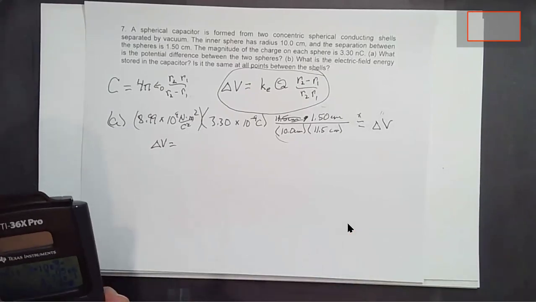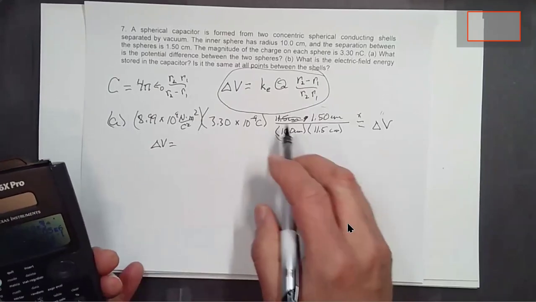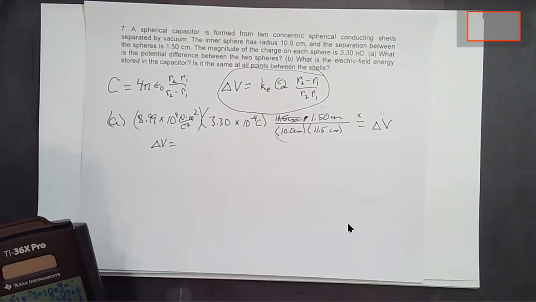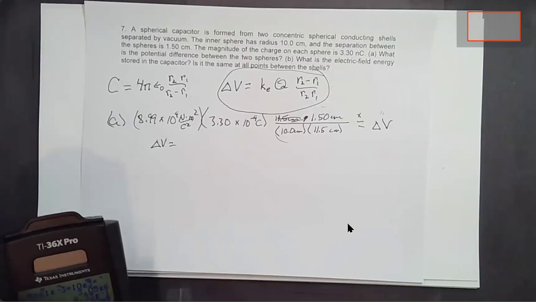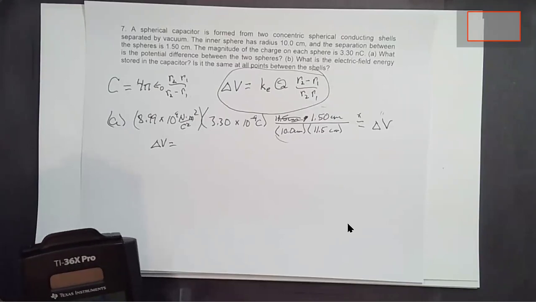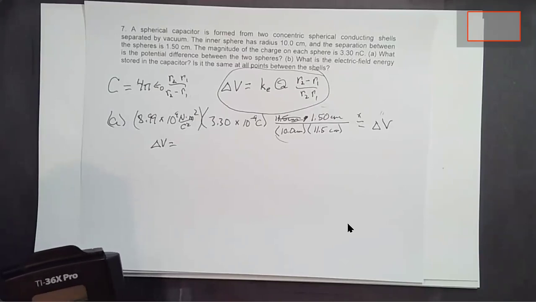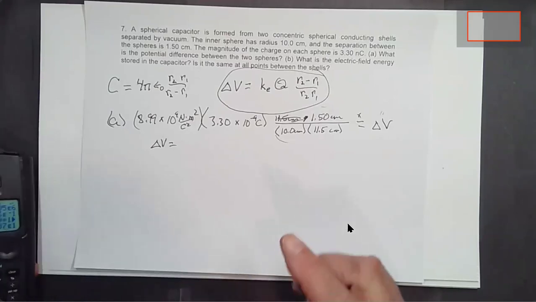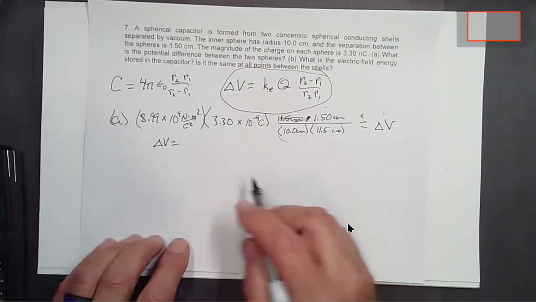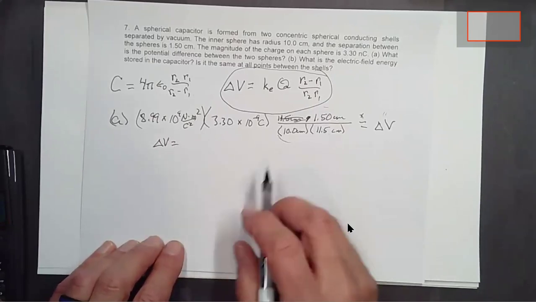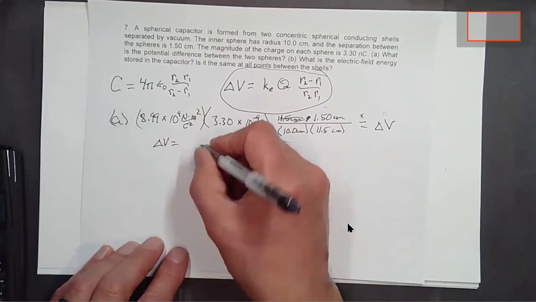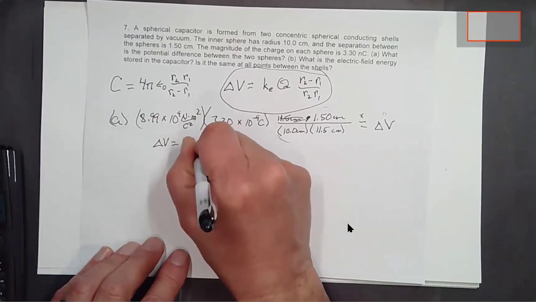Okay, I'll just multiply it by 100 before. With three significant figures, I get 38.7 volts.